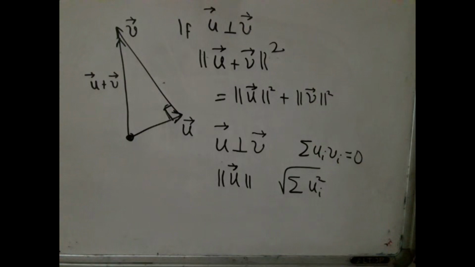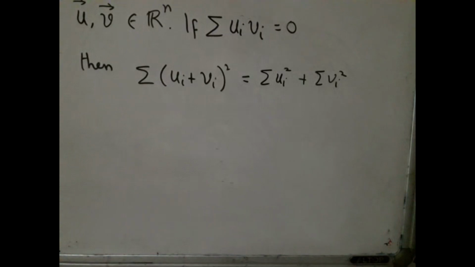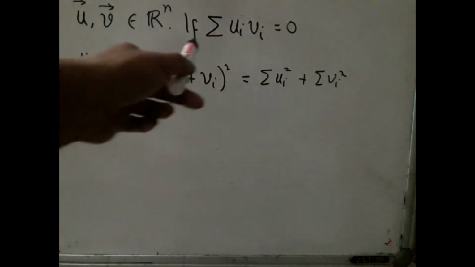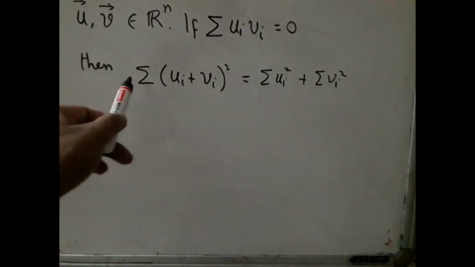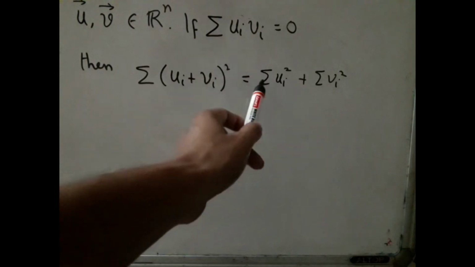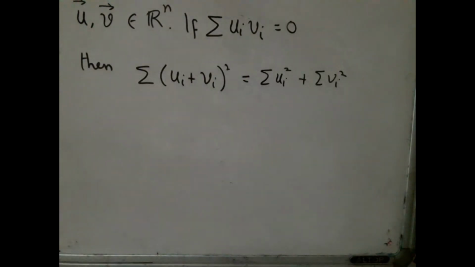And the answer is yes, and the proof is just one line of argument. It is much easier to prove it in general than it was in our early school days. So the generalized Pythagoras theorem takes this form: if u, v are in Rn and if they are mutually perpendicular, then the norm square of u plus v equals norm square. Norm square means the square of the length.